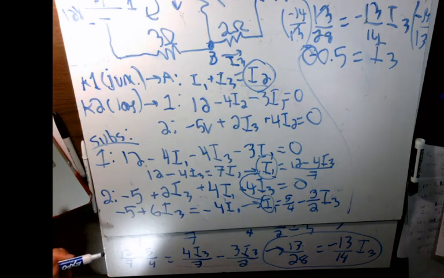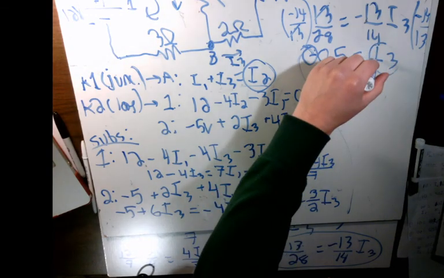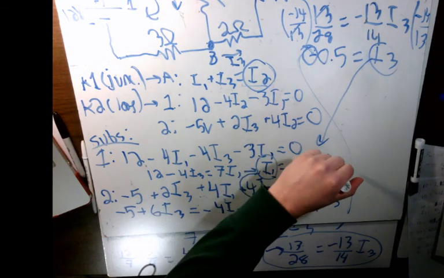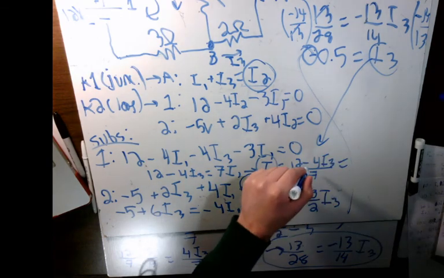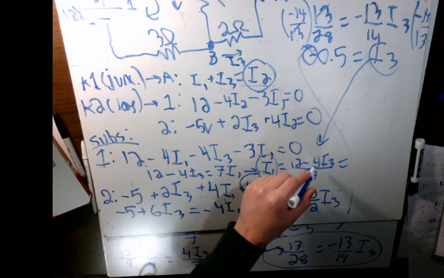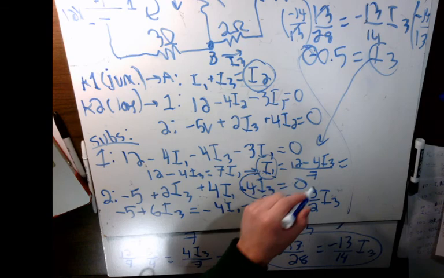I also want to solve for I1, bringing I3 into this equation. I1 is equal to 12 minus 4 times negative 0.5, since I3 is negative 0.5, all over 7.